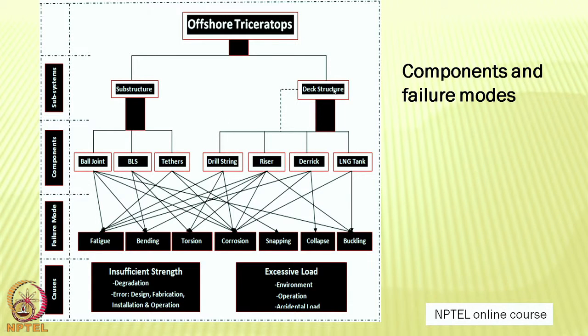The superstructure contains the drilling string, the risers, the derrick and an LNG tank. Obviously, these are the components available in triceratops. There is a broad division of the structural components, and let us now look into the failure modes at which the triceratops can fail structurally.